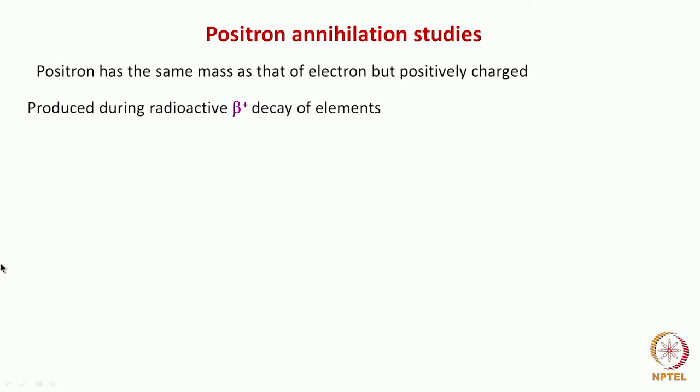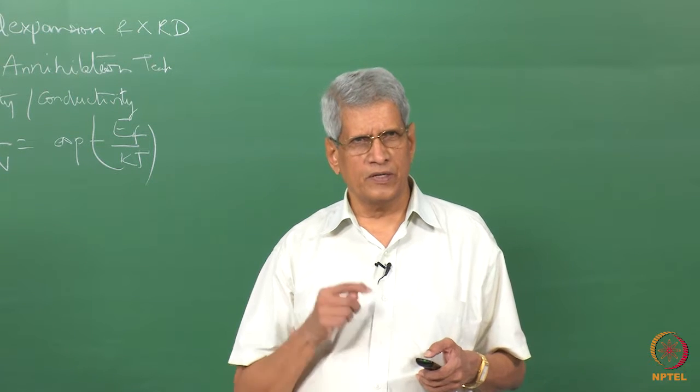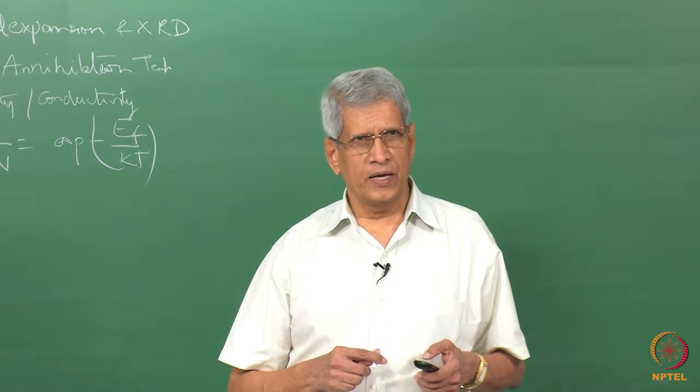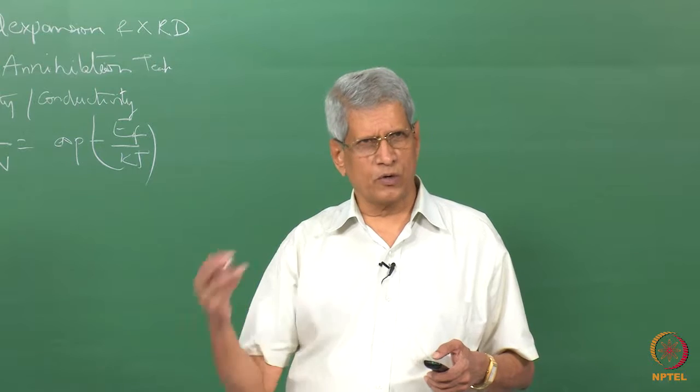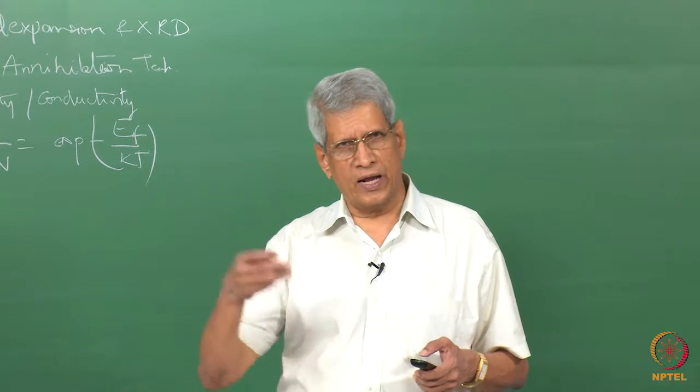And how are they produced? When radioactive beta plus decay takes place, positrons are produced. In many radioactive decays, electrons are emitted and the atom undergoes a change to another element.